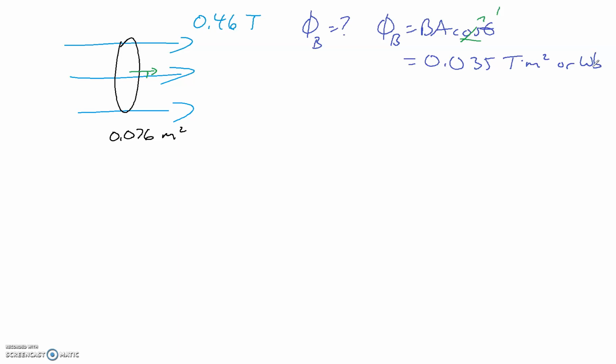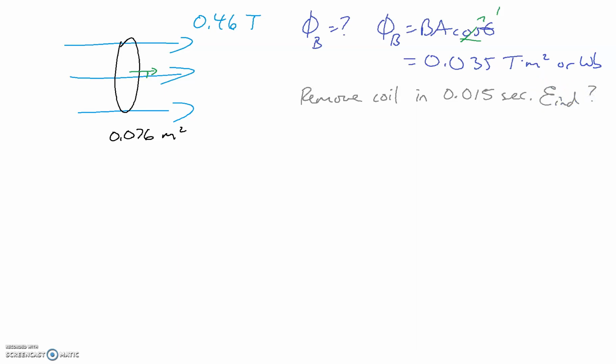Okay, so now let's take the situation and remove the coil in 0.15 seconds. So we are going to take the coil and remove it from the magnetic field. What is the induced EMF going to be?